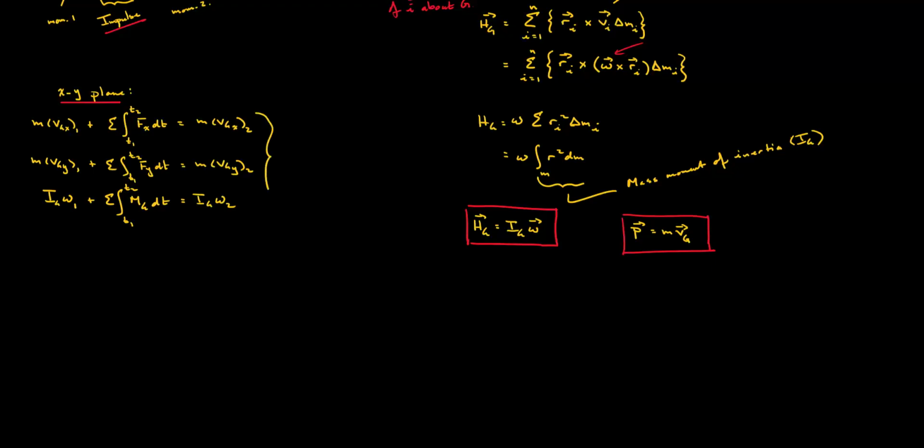So here we have three scalar equations. Two linear impulses and momentums, and one angular impulse and momentum. So this is our principle of impulse and momentum for a rigid body undergoing planar 2D motion.